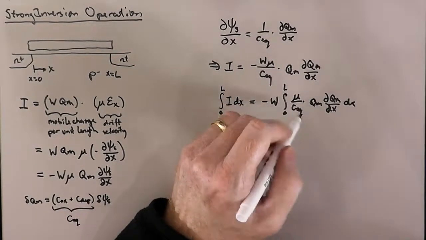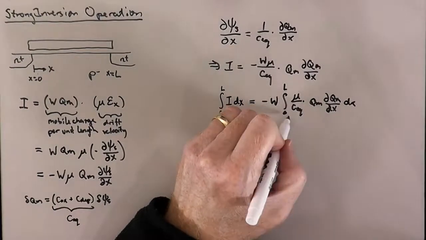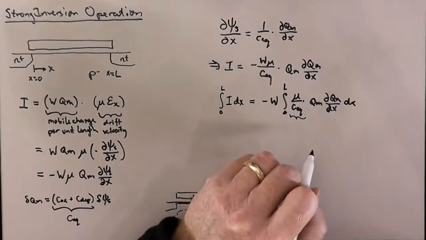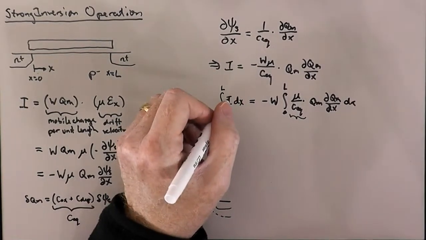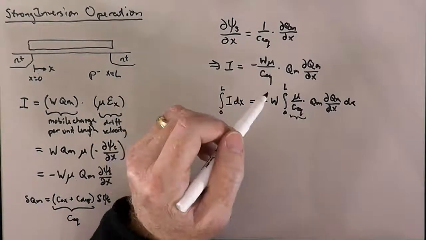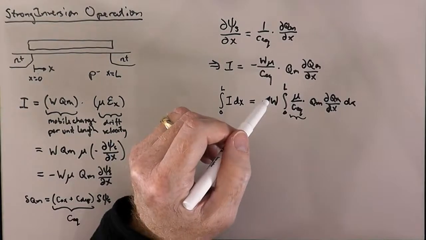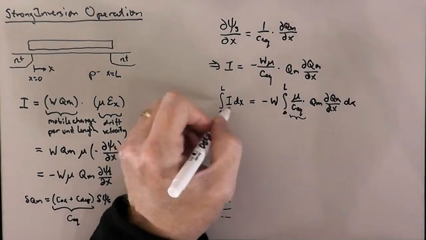So now we're going to move this outside of the integral and change variables on the right-hand side, integrating over charge. The integral on the left-hand side is simple enough.